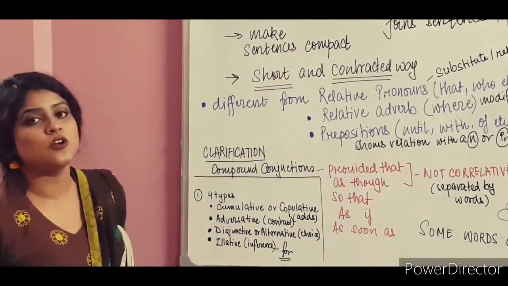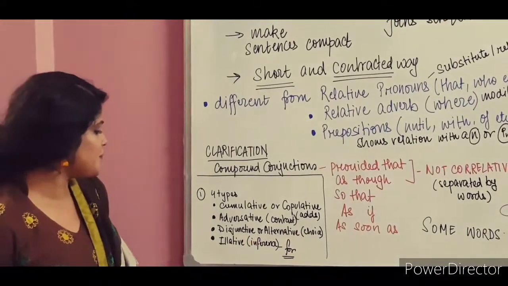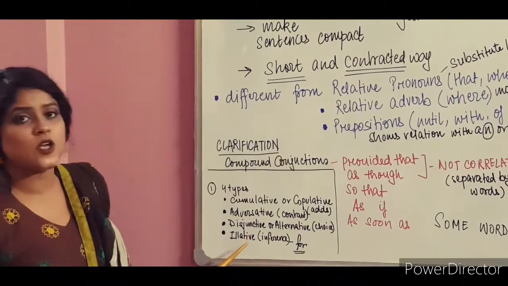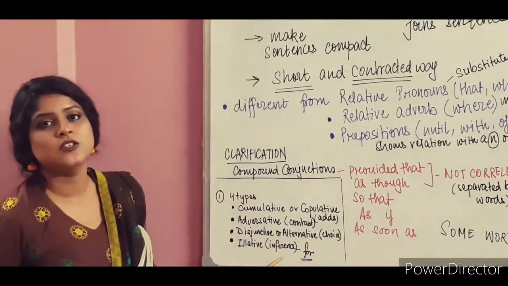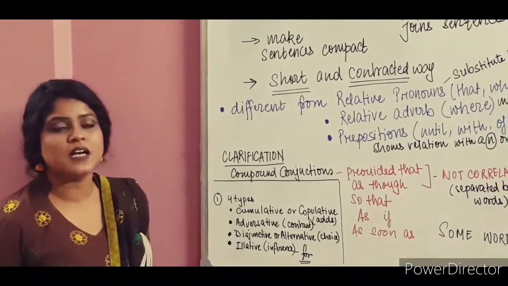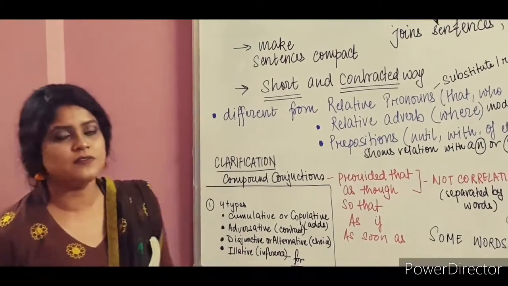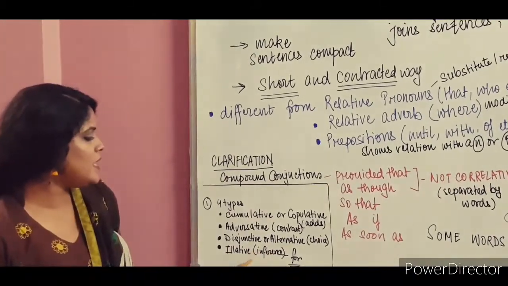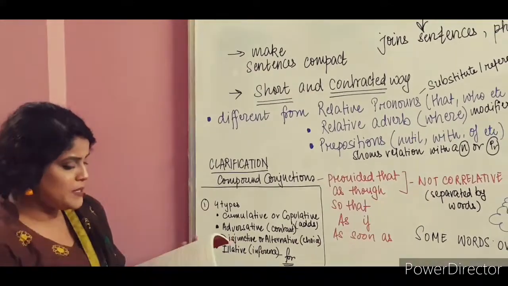So, the conjunction or would be disjunctive. The last one, but not the least, is elative, which means to infer, which is used for inference. For example, this happened for the reason of this. So that is elative. I'll give you examples so you may understand it a bit better.